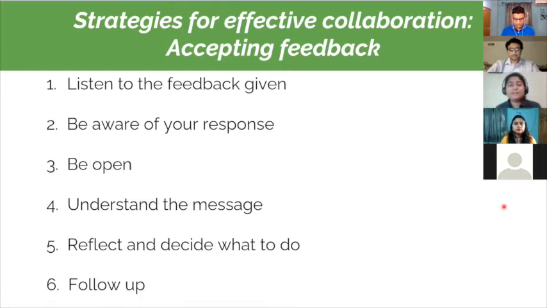A good example of accepting feedback is when we submit our papers to a journal, our reviewers actually give us the best constructive feedback. They are not saying, oh, this data is not good, this figure is not good. No, they don't do that. They actually figure out the specific mistakes we have made.